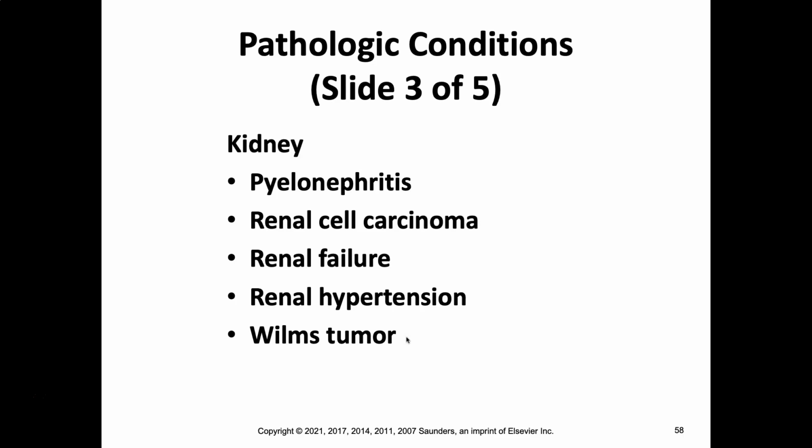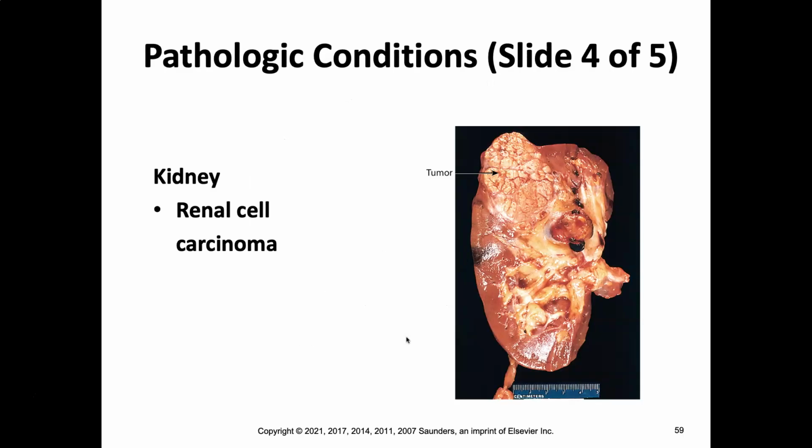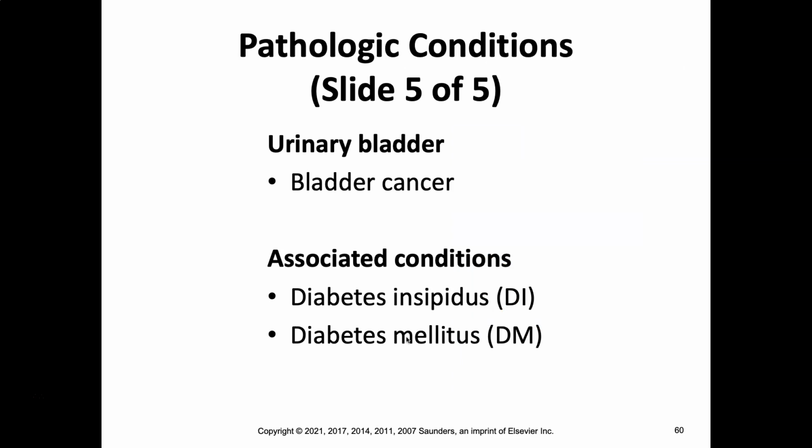And then there's something called a Wilms tumor. This is a malignant kidney tumor. And this gives us a picture of renal cell carcinoma within a kidney that's been removed. There's obviously bladder cancer. And then there's diabetes. There's 2 types of diabetes. Most people know about diabetes mellitus, but there's also diabetes insipidus.